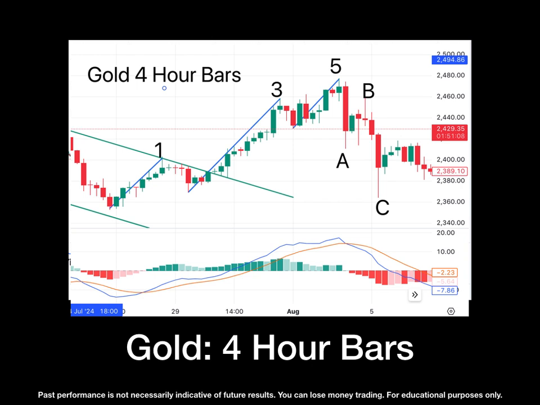Wave 1 goes up to about July 29th and forms the second part of that trend channel. Price then pulls back, and then wave 3 is the one that breaks that downward trend channel and gives a hint to be long.